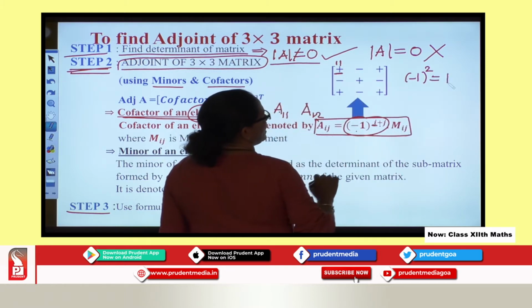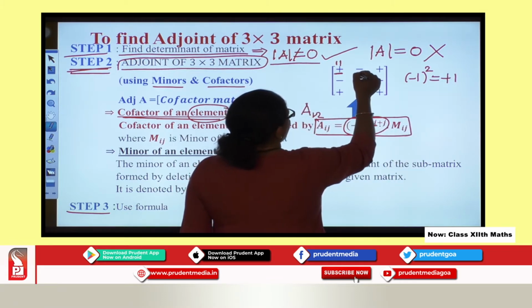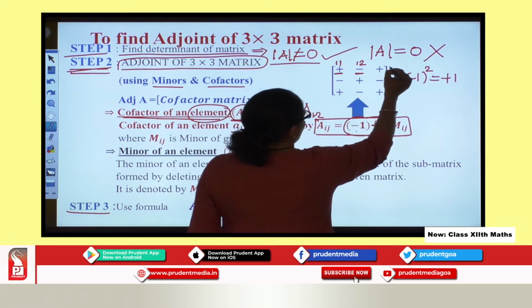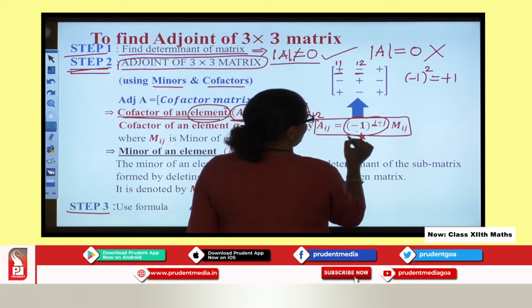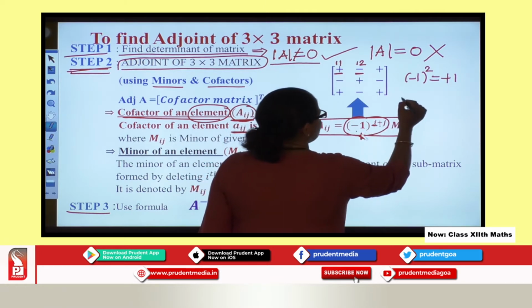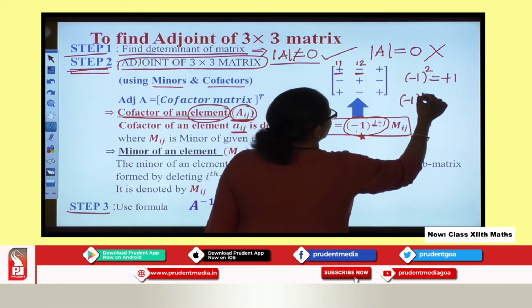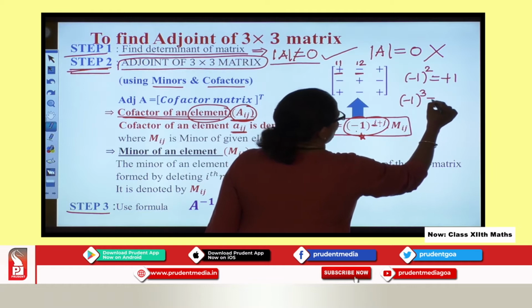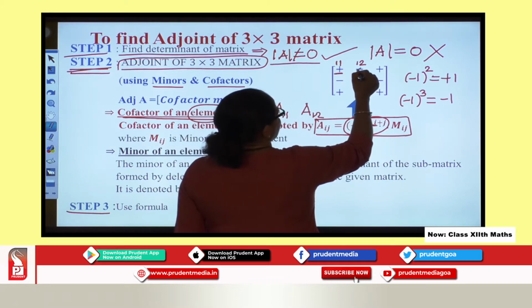So what you get there is plus 1. Now let us talk about the second one. This is your 1, 2, right? The position is first row, second column. So going to this definition, minus 1 raised to 1 plus 2, that is 3. You know minus 1 raised to 3 is always minus 1. That's why you get a minus sign over here.